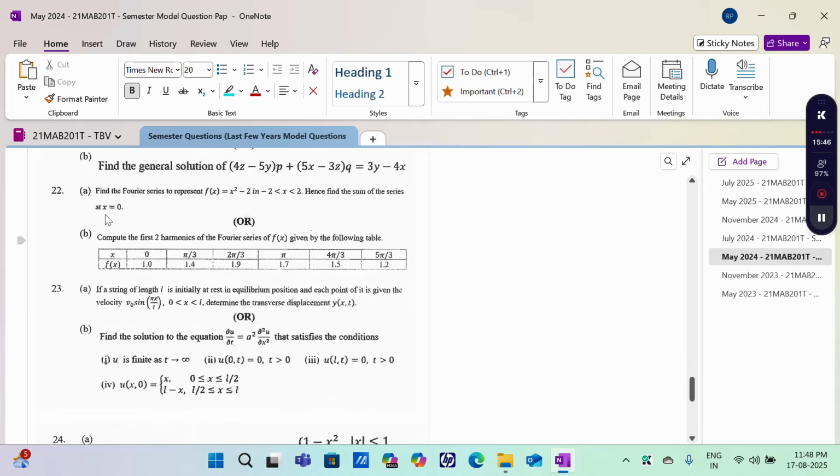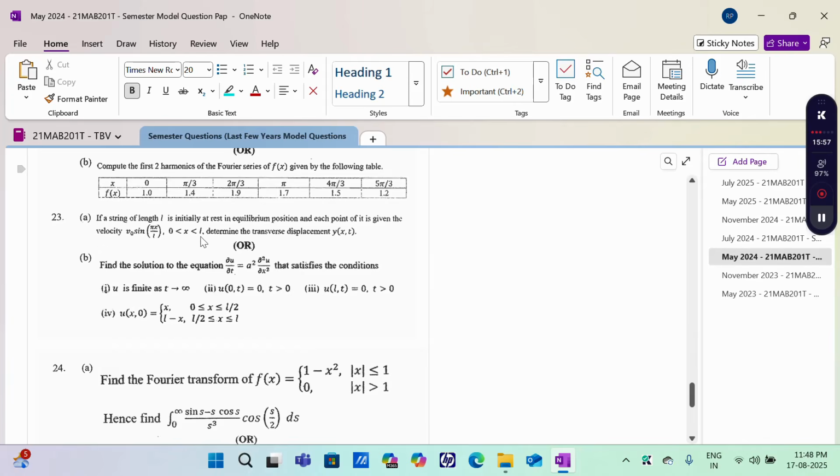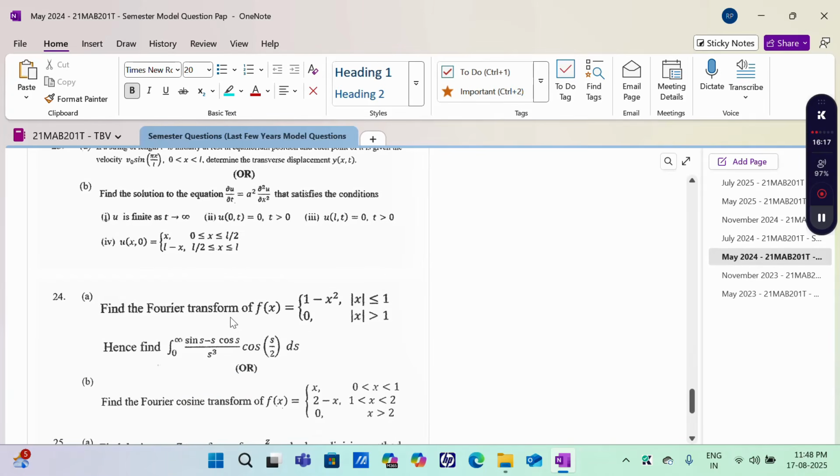And then 22A, so Fourier series when the range is minus 2 to 2, it's nothing but minus L to L range, and then a harmonic analysis problem. 23A, one dimensional wave equation, because string is nothing but the one dimensional wave equation, and here an equation is given, the equation is nothing but, so see 4 conditions are given. So when 4 conditions are given, the equation is also the one dimensional wave equation.